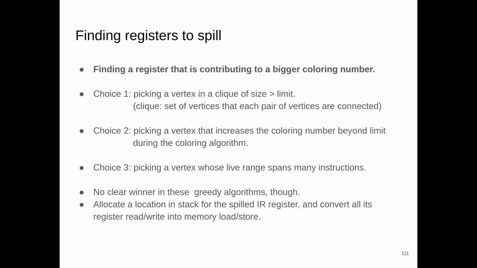It is basically a property of the program, but in register allocation, we may want to take into account the property of registers. But you can see that all these three algorithmic choices have the same spirit. If a vertex is a pain in the coloring, then just make it spill and allocate it into the stack.